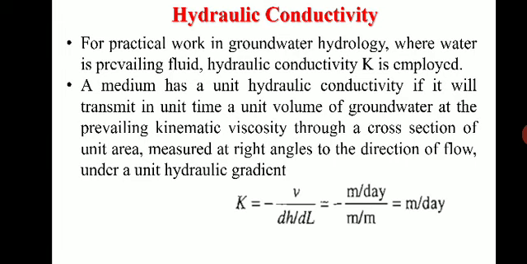A medium will have a unit hydraulic conductivity if it will transmit in unit time a unit volume of groundwater, at a prevailing kinematic viscosity, through a cross section of unit area, measured at right angles to the direction of the flow under a unit hydraulic gradient.